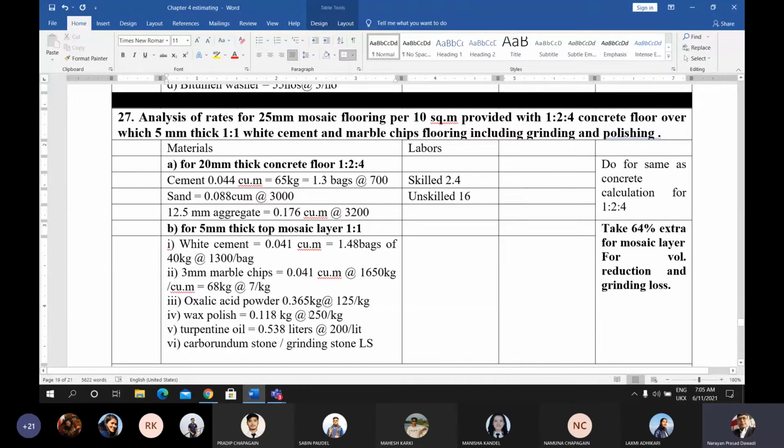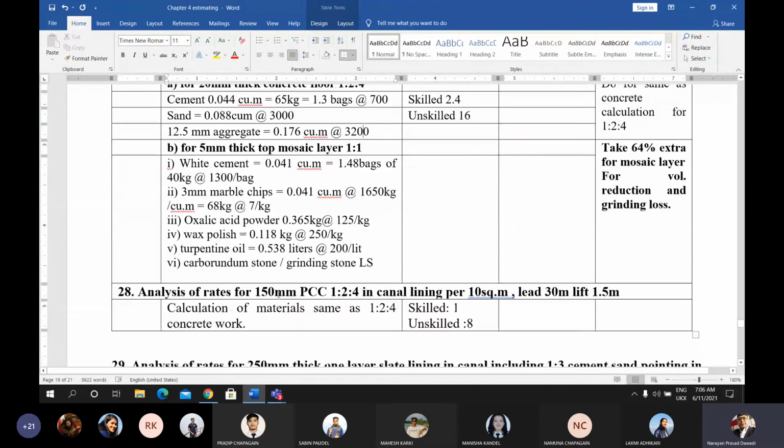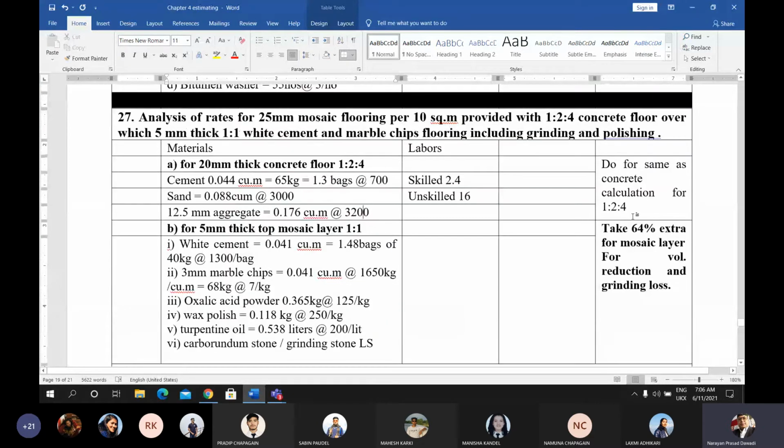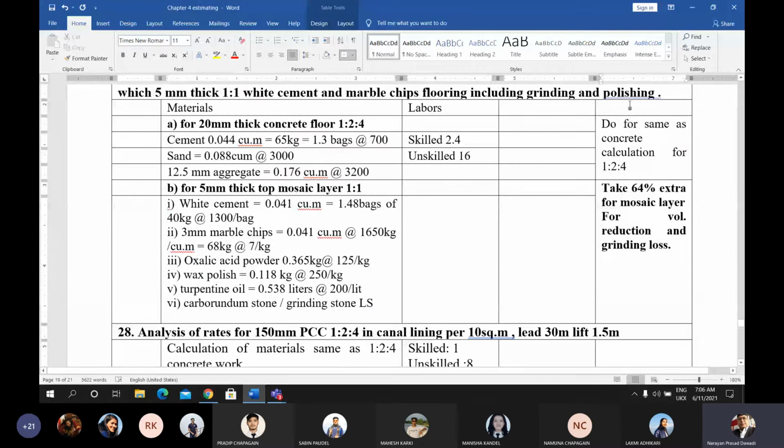You will get the white cement, and you will get the marble chips quantity, and that is converted into bags. 28.8 by multiplying the cement, and by multiplying 1650 kg per cubic meter, you can calculate the weight of the marble chips, okay. This is given here in the remarks column. I have provided it in the remarks column.